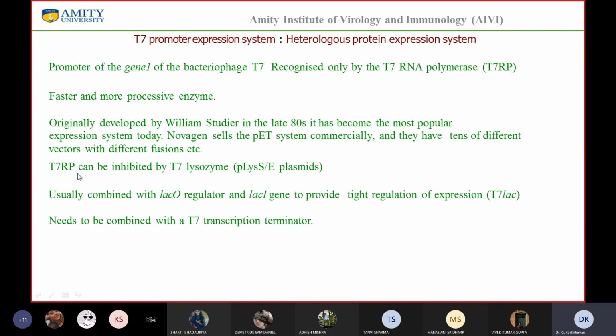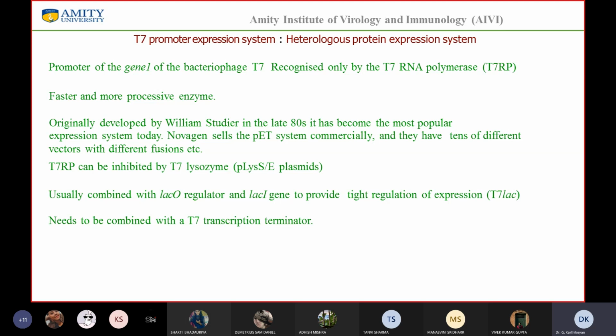Okay, so this T7 RNA polymerase can be inhibited by T7 lysozyme. T7 also makes lysozyme, which is involved in the permeabilization of E. coli, and that's how T7 completes its life cycle.